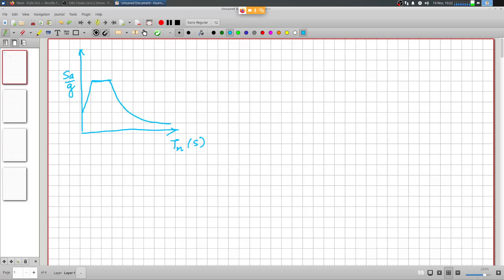The spectrum looks like this, and it continues.